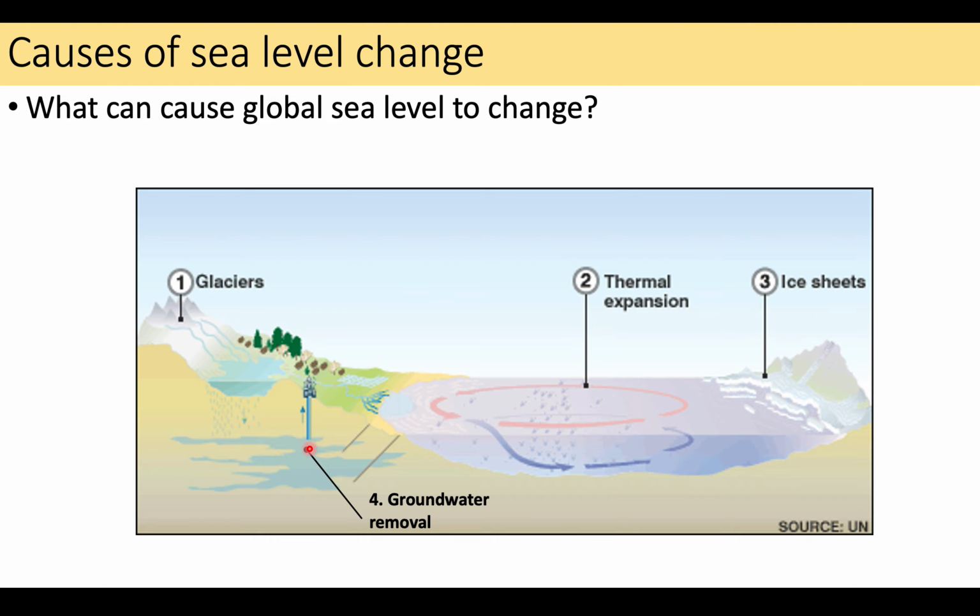So we are pulling water out. It will eventually run off as some type of wastewater back into our oceans. So we are adding water to our oceans from glaciers, ice sheets, and our groundwater reserves, as well as the water in the ocean is warming, so it is expanding. All of these things are going to cause the level of our oceans to rise.